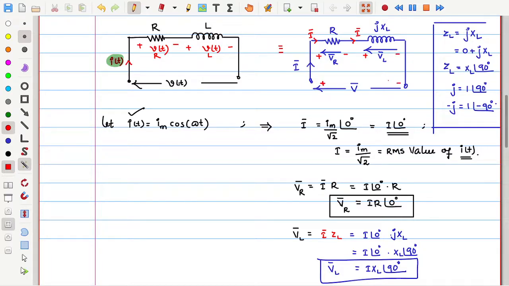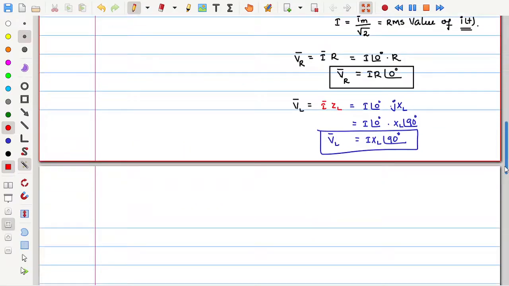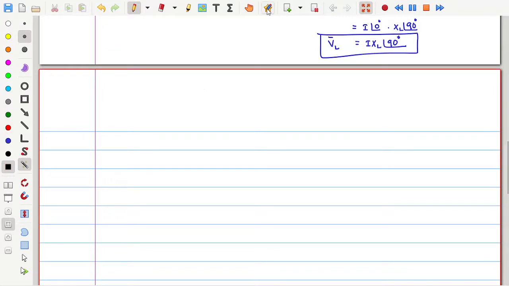Now you apply the Kirchhoff voltage law. How much will you get? V is equal to VR plus VL. So let me substitute that. By KVL, V is equal to VR plus VL.